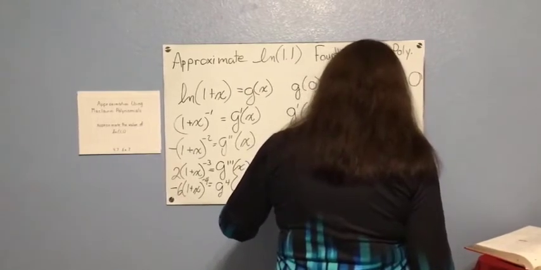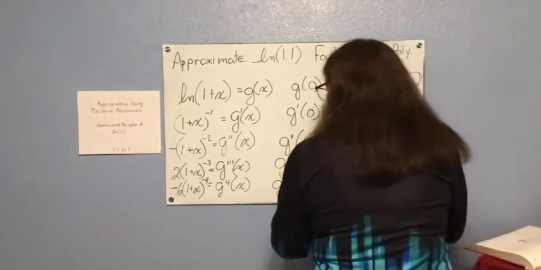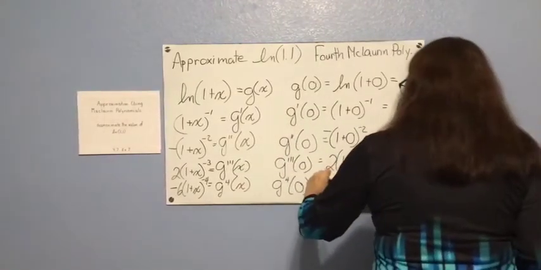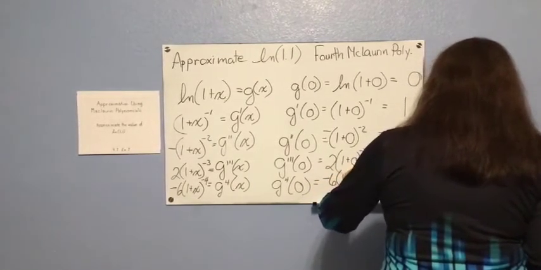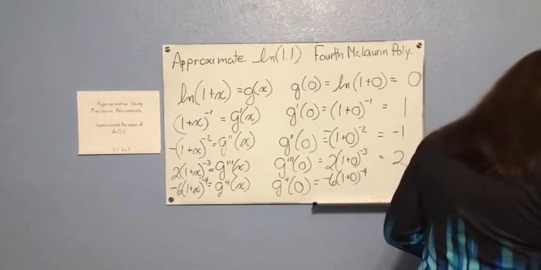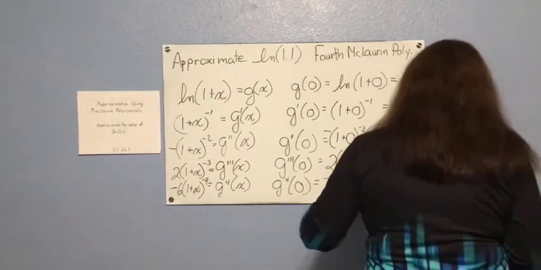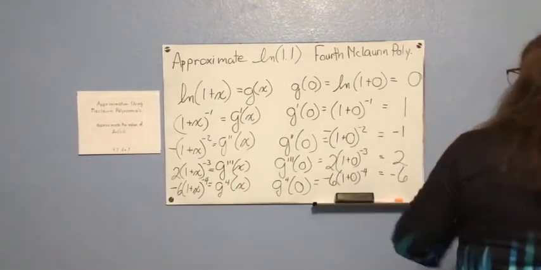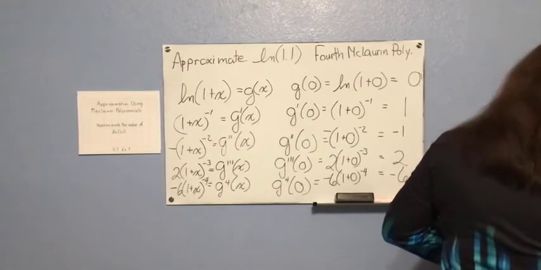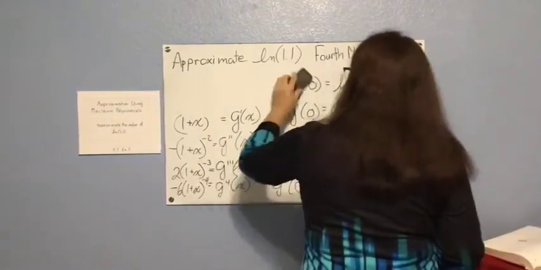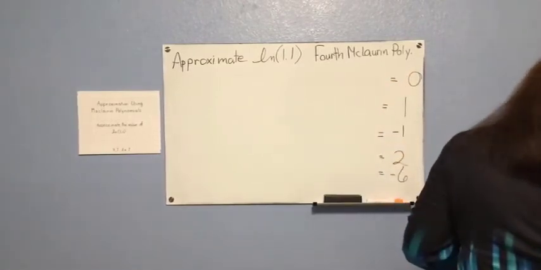So the value of our fourth derivative at 0 is negative 6 times 1 plus 0 to the negative 4, which is just negative 6. So there's all of our numbers that we need for the function. Remember, this is the original function, and these are the first 4 derivatives.